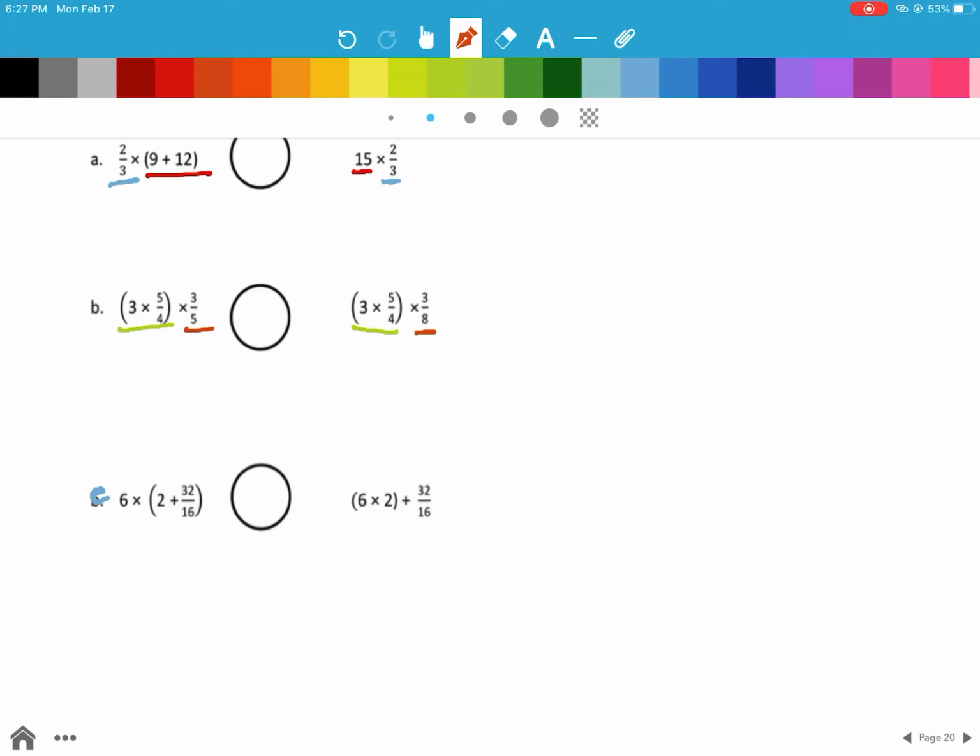3/5 and 3/8. So if I multiply something by 3/8, I'm going to get a smaller number. So I know my answer is going to go that way, because 3/5 is greater than 3/8.